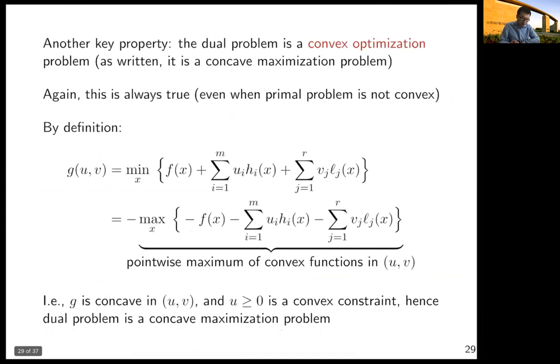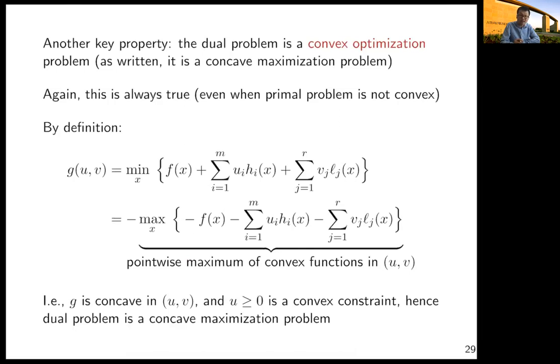Another property, before we talk about strong duality and its associated condition, is to think about what property the dual problem should satisfy. So even if the original primal problem is not a convex optimization problem, we can see that the dual problem is always a convex optimization problem, even if the primal is not.